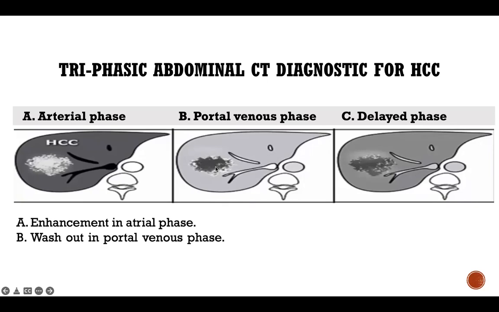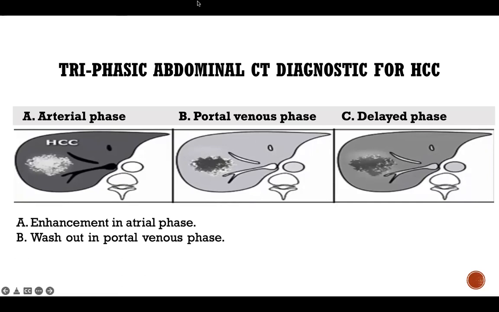We see here the contrast leaves the mass, but the liver is white. And during the delayed phase, there is no contrast, neither in the mass nor in the liver. Does that make sense?